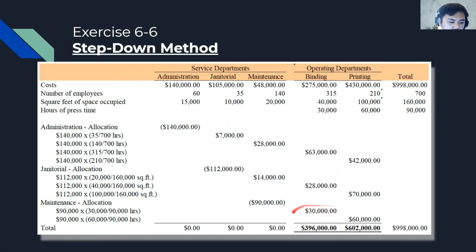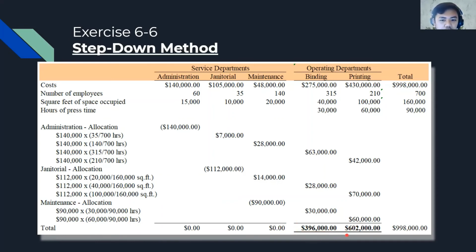So for the printing, just use the same formula, just changing the numerator to 60,000. So it'll be $60,000. So for the total of binding, we just add the 275,000 allocated initial cost plus the administration cost of 63,000 plus the janitorial of 28,000 plus the maintenance of 30,000, which is equal to a total of 396,000.